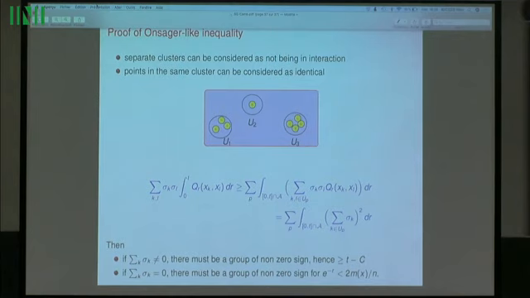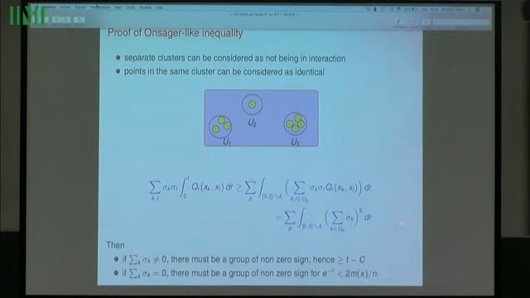Because otherwise, if all clusters sum up to 0, the total sum must be 0. So if the sum of the charge is not 0, then one of these clusters does not sum to 0, and so when it's an integer, it's at least 1. And when you square it, again 1, and you integrate over time, you get your lower bound by t.